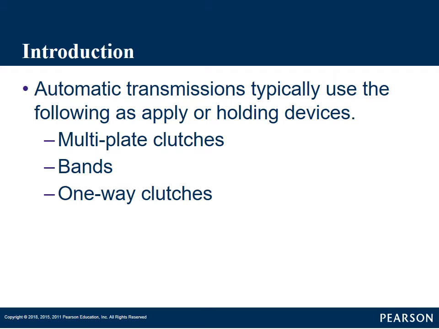The typical holding and apply devices are your multi-plate clutches or clutch packs, bands, and one-way clutches. We've already talked in starter drives about how one-way clutches work, and the overrunning clutches on an alternator, and we're going to talk a little bit more on those in transmissions.